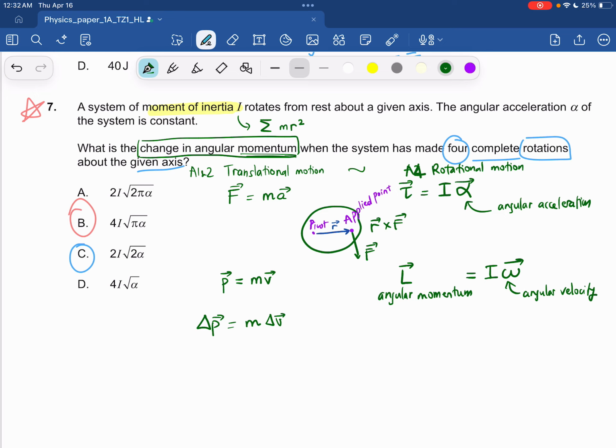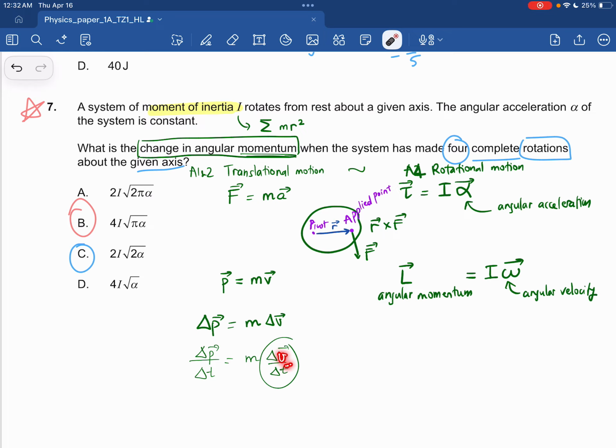If we divide both sides by delta t, you get m times delta v over delta t. You see something similar here, right? The rate of change of velocity over time, so this is actually a. So this turns out to be F, right?